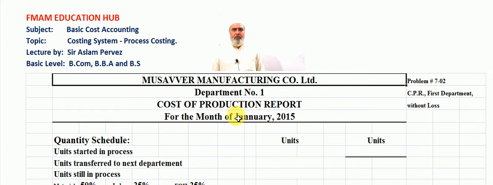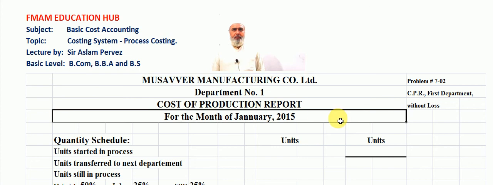The main heading about this problem is Masaba Manufacturing Company Limited, Department number 1, cost of production report for the month of September 2015.